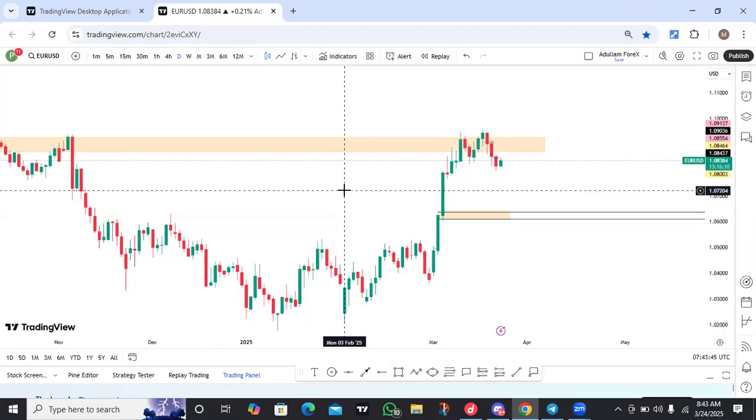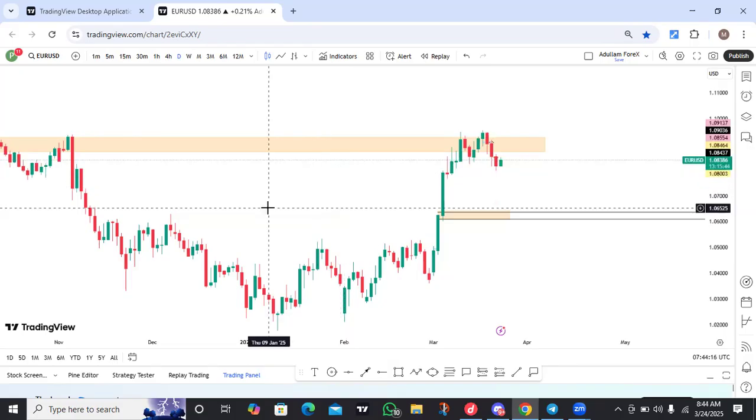So then I came up with using top-down analysis, analyzing from the monthly to see where the market is going, drop down to weekly, drop down to daily, and then when I know where those time frames are going, I can confidently go down to the lower time frame to wait for a setup to happen in line with the trend. And this has really changed a lot, to be honest, a lot.